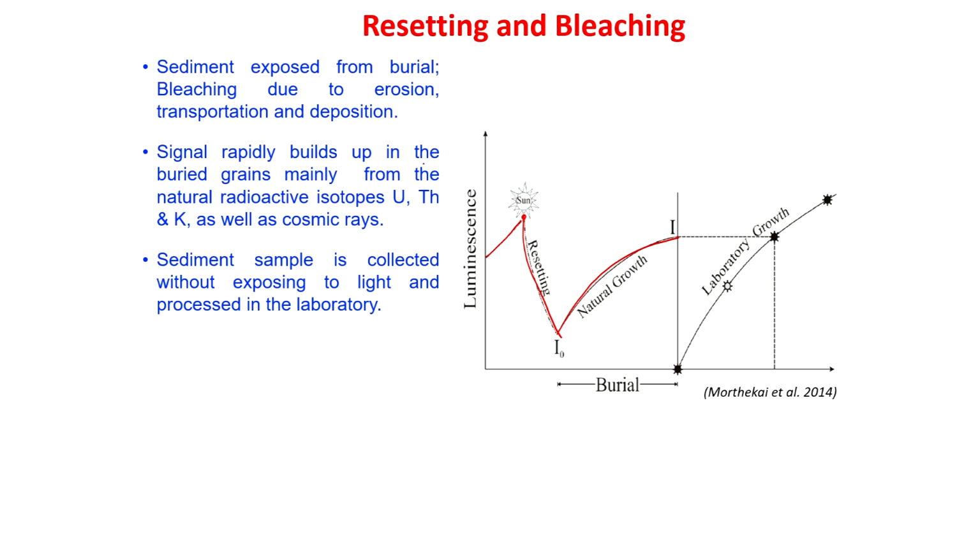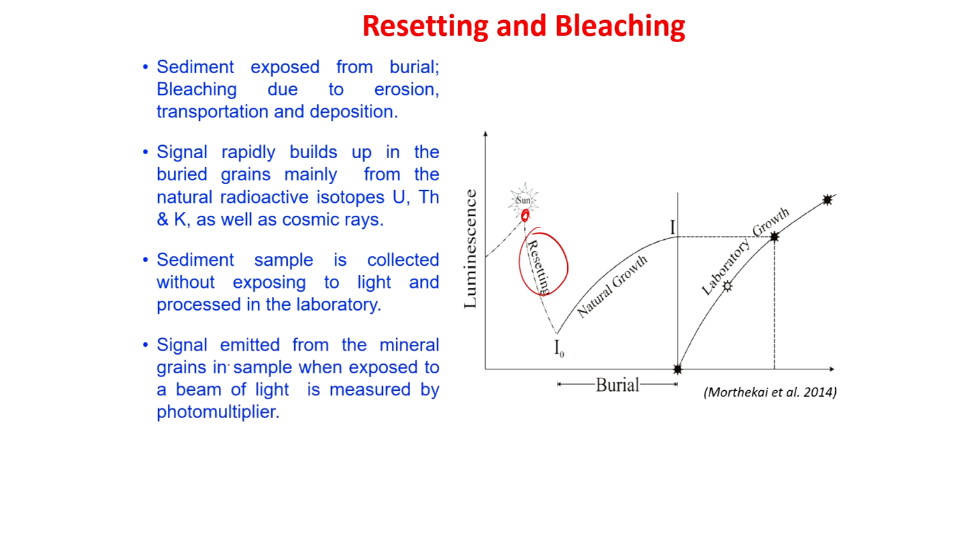The signal rapidly builds up in the buried grains, mainly from the natural radioactive elements uranium, thorium, potassium, as well as cosmic rays. Sediment samples are collected without exposing the sample to sunlight, because sunlight has higher energy and it will zero out. So, the resetting is taking place. When it is exposed, it will zero out all the energy which has been stored.